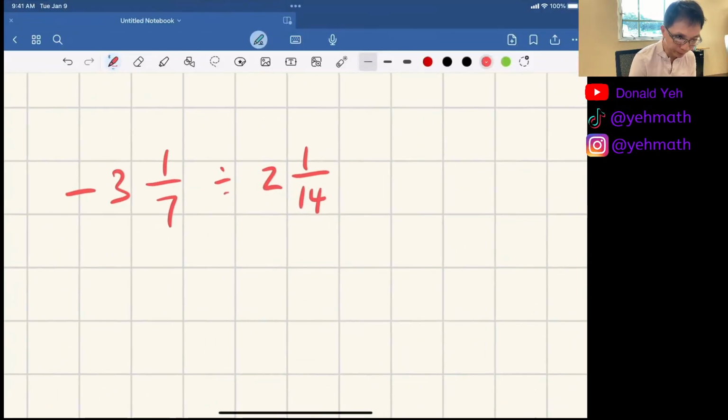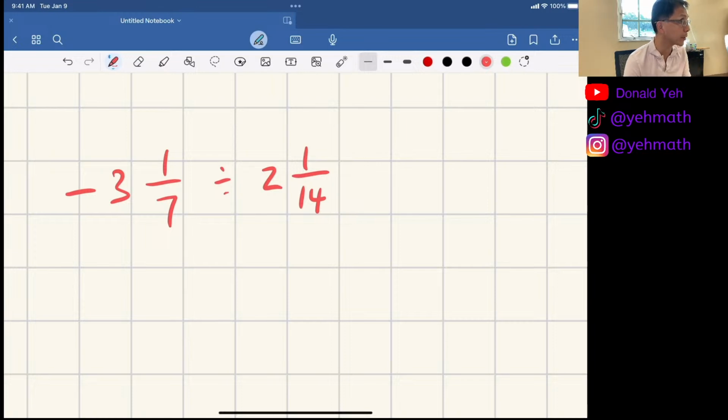Yes? Who says yes? Okay, 2 people. Well, we don't know if it's right. So before you divide, what do you have to do? Make the negative. You don't need a common denominator. That's only for adding and subtracting. Just make them into improper fractions.